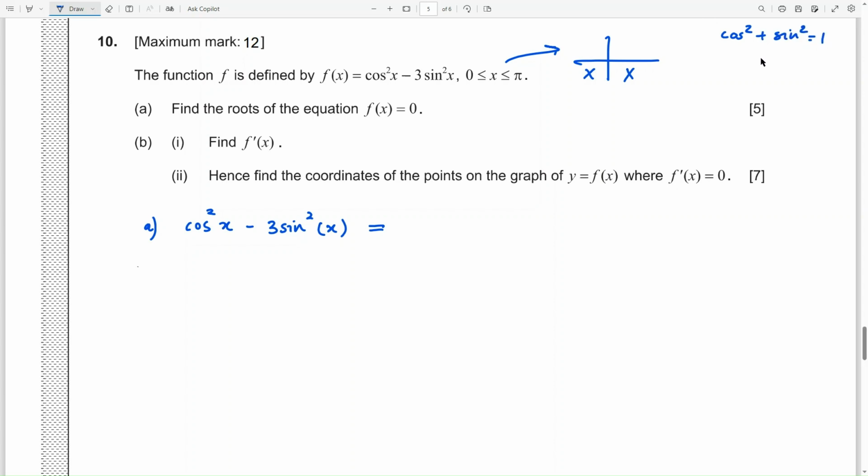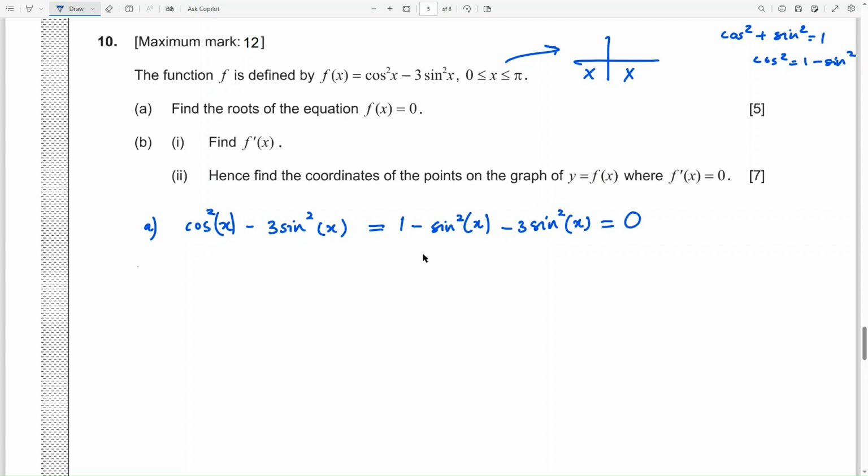So when you subtract sine squared from both sides, you know that cos squared is equal to 1 minus sine squared, right? So that's 1 minus sine squared x minus 3 sine squared x. And that should be equal to 0.